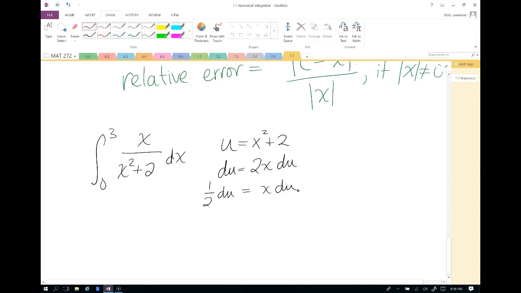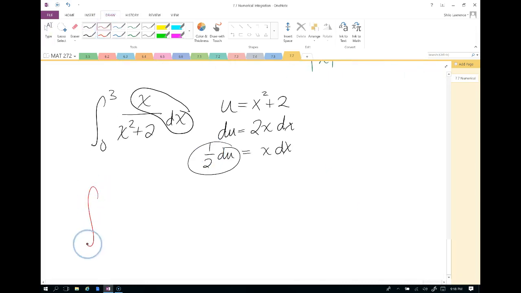Oops, got extra u's there. Those should be x's. So my x dx is going to get replaced with a 1/2 du.